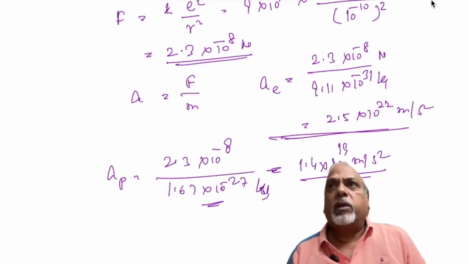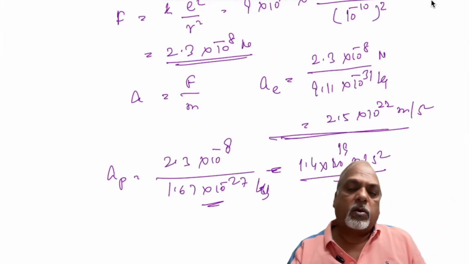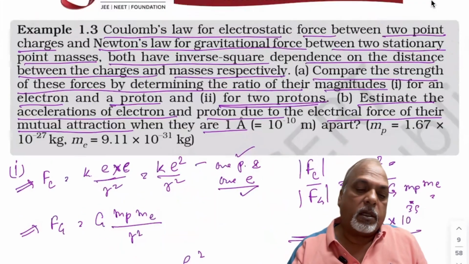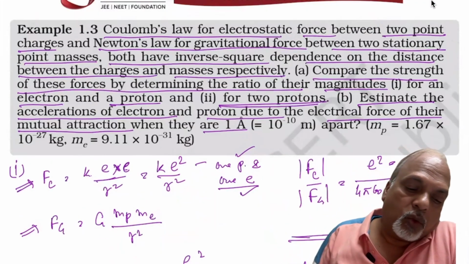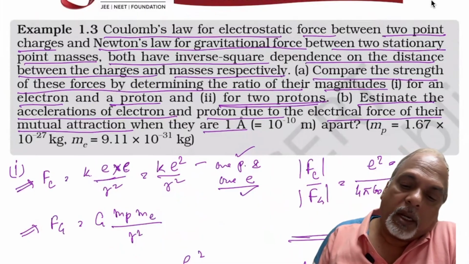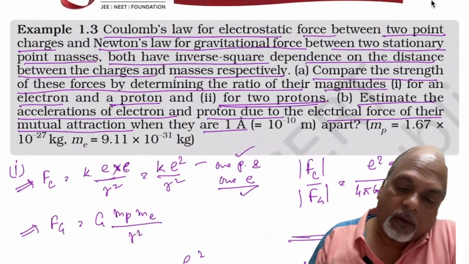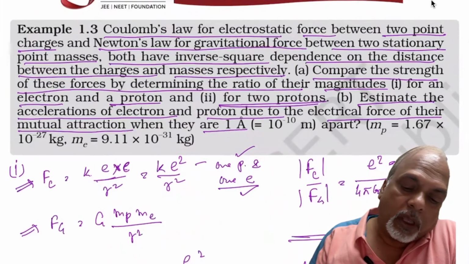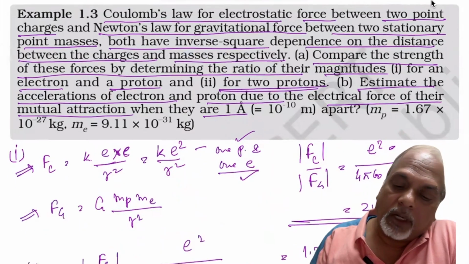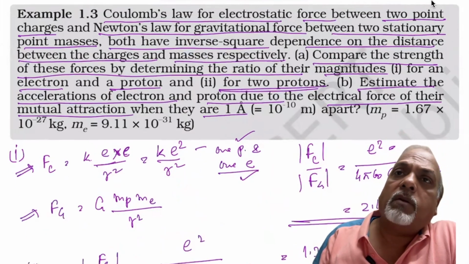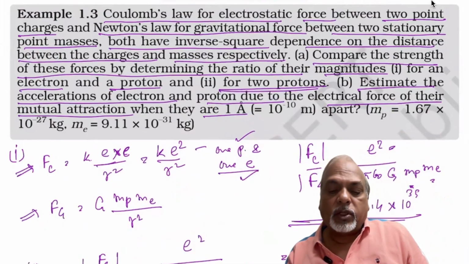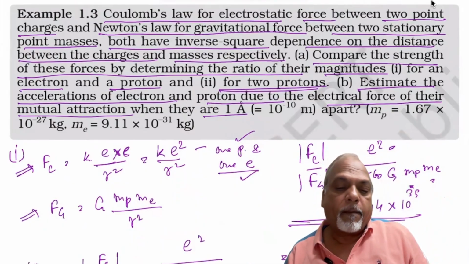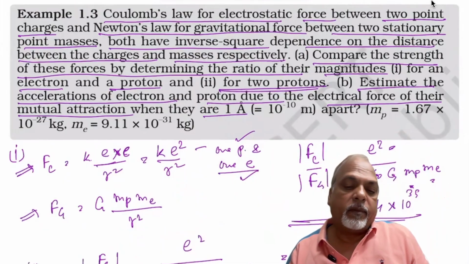Now, there is one more thing in this question, that this ratio is dimensionless. Of course, that will be dimensionless only because it is the ratio of two forces. Correct?